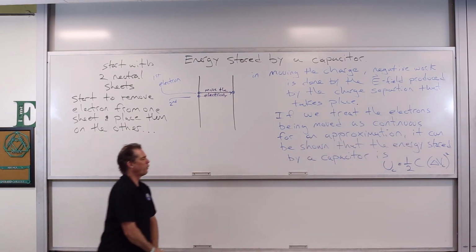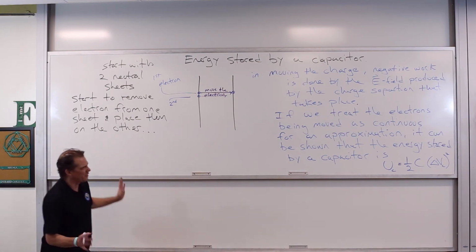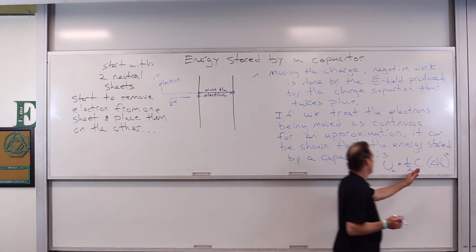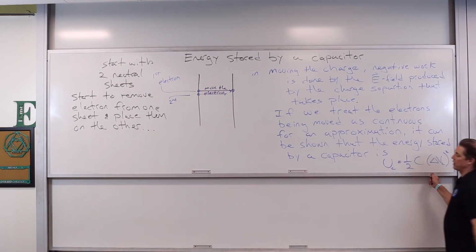Kind of looks like the formula for a kinetic energy. Kind of. And some people have made correlations with, hey, that's like the counterpart to mass, it's like the counterpart to velocity. We're not talking about mass and velocity there. Capacitance, potential difference across the capacitor.